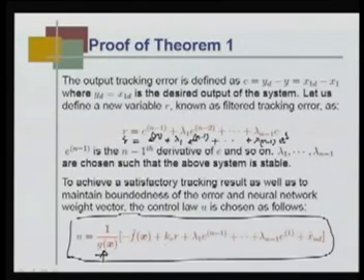And here if you look at this particular term, this is my k v r, where r is defined like this, and this term you can easily see is r dot minus e n, the nth derivative of e, plus x n d dot.